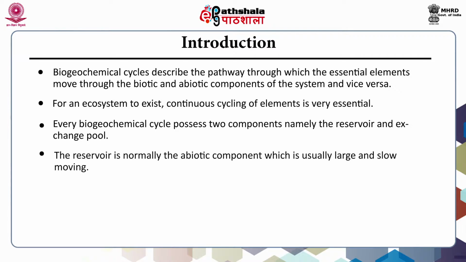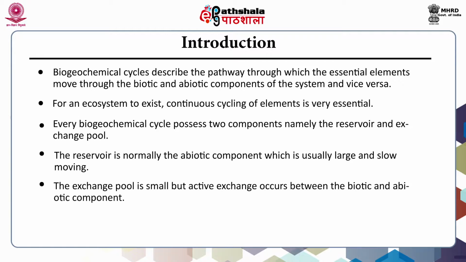The reservoir, as I told you, is abiotic in nature and very large, but very slow moving. I mean the processes which occur in this reservoir will be very slow. The other one is the exchange pool, which is very small, but very active in terms of exchange between the biotic and the abiotic components.